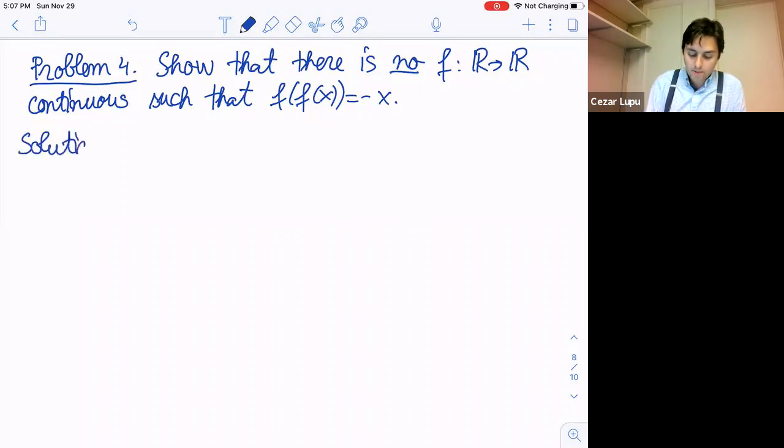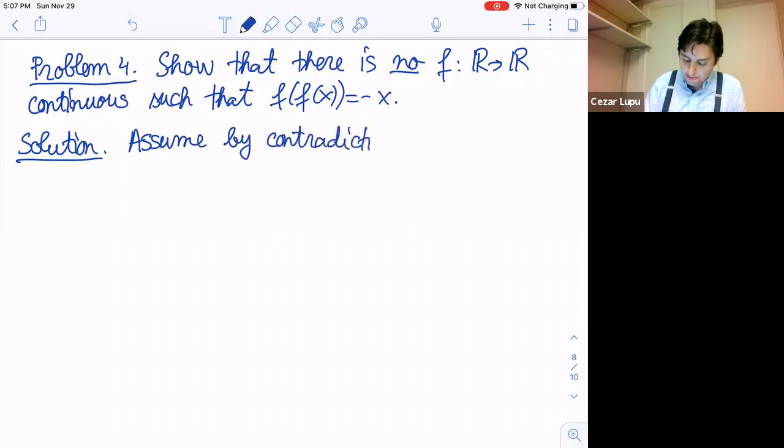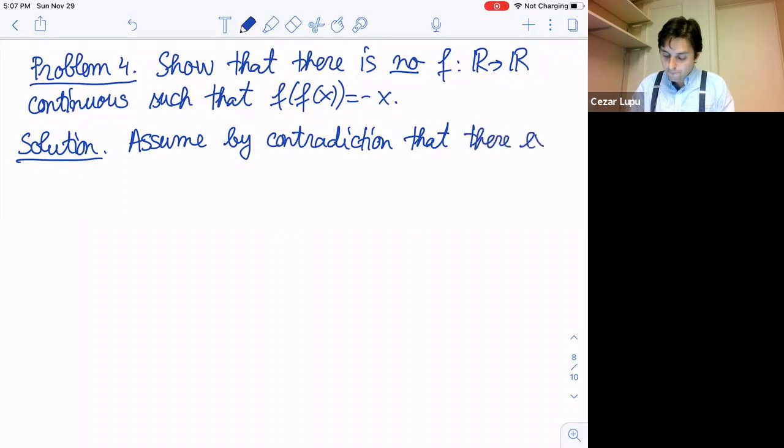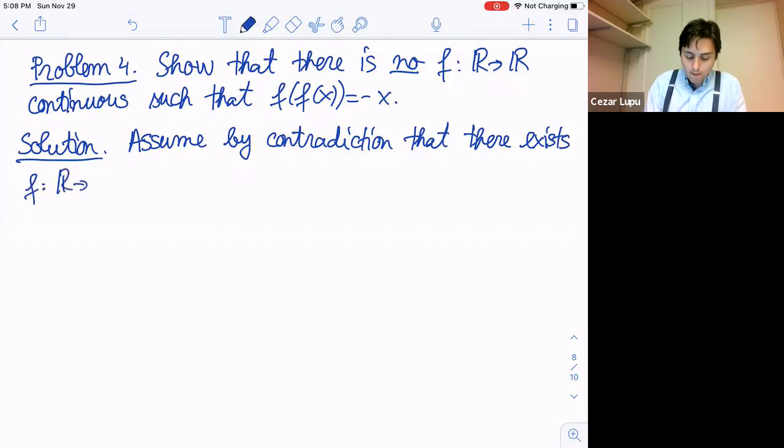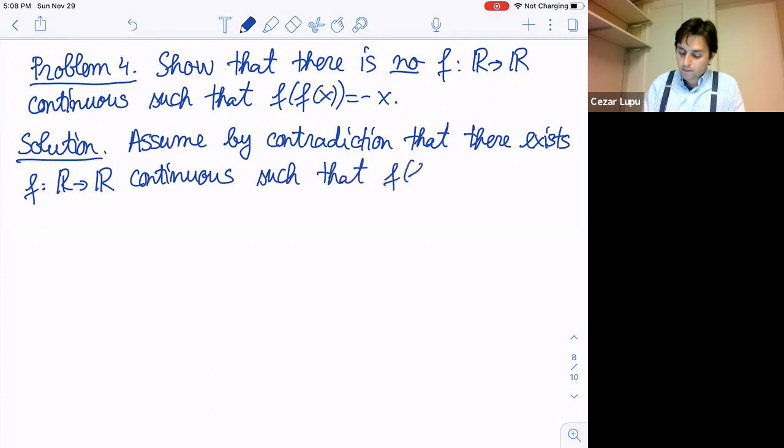So assume by contradiction that there exists f continuous such that f composed with f of x is negative x.